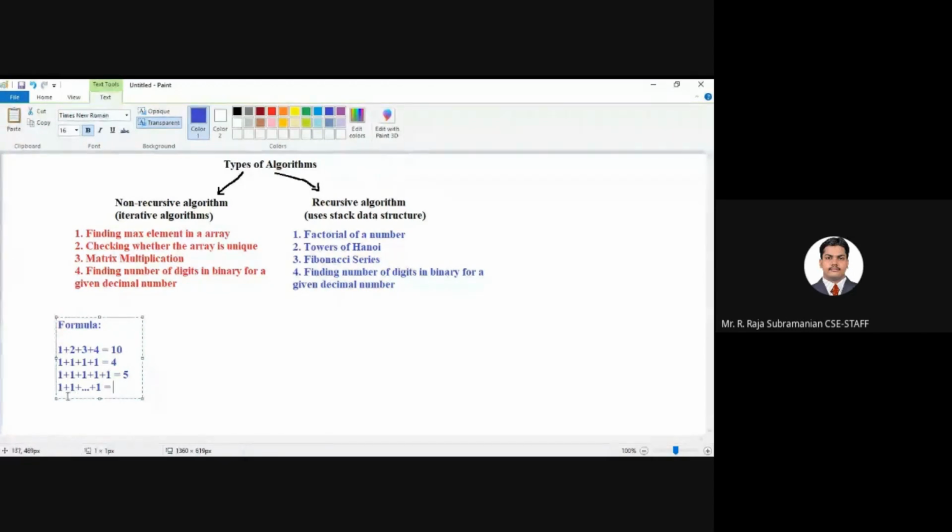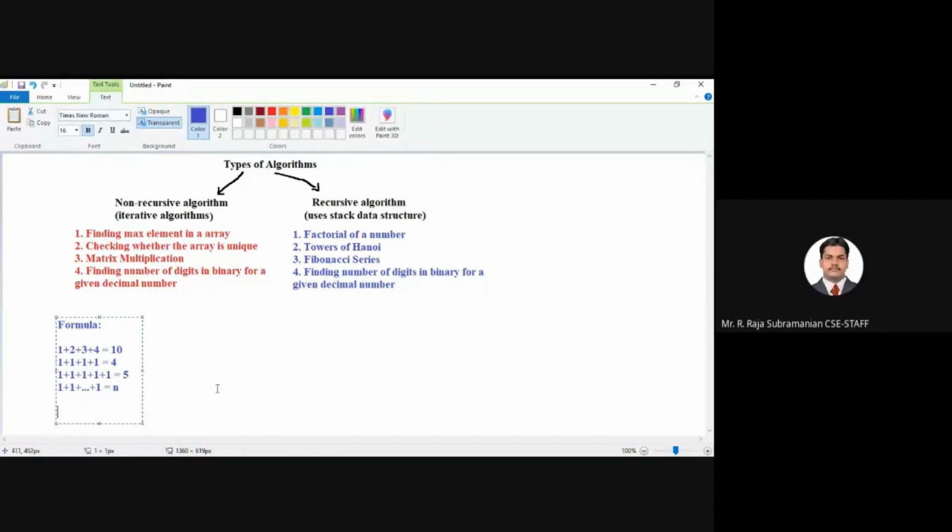Assume that there are n ones. So what will be the answer? If there are 4 ones, you said 4. If there are 5 ones, you said 5. If there are n ones, what will you say? n.